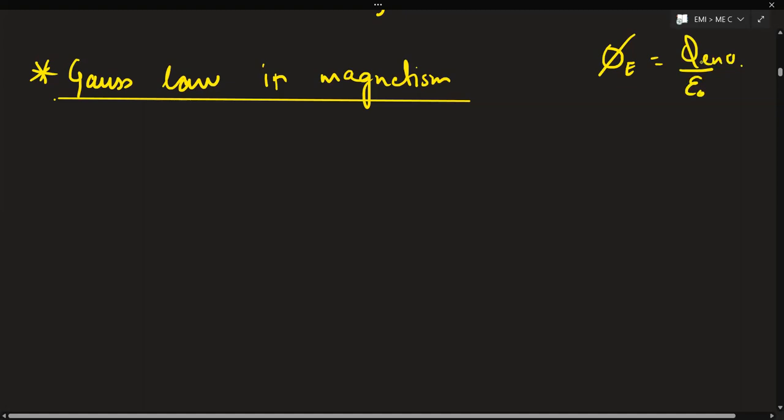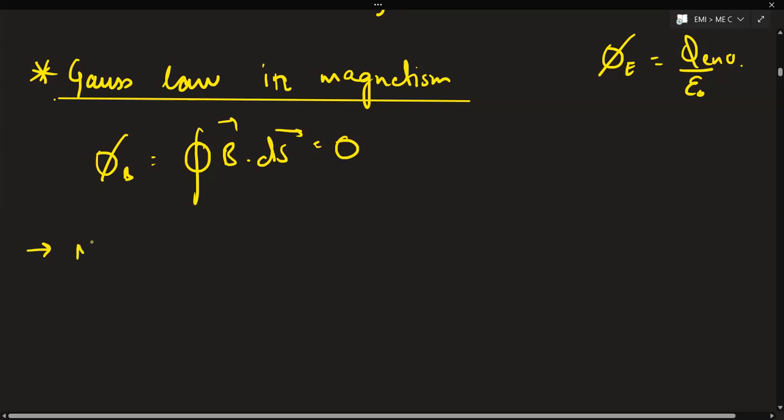This was given. Now in the case of magnetic flux, this is very important because it gets confusing and it is frequently asked. The closed integral of B dot ds should be equal to something else. This is 0. That is Gauss law in magnetism.